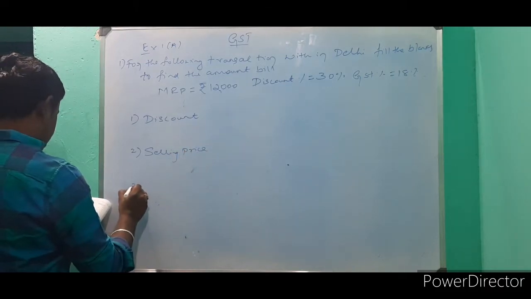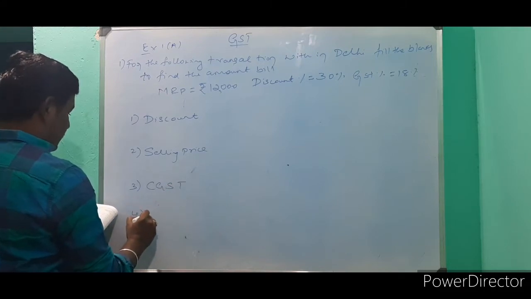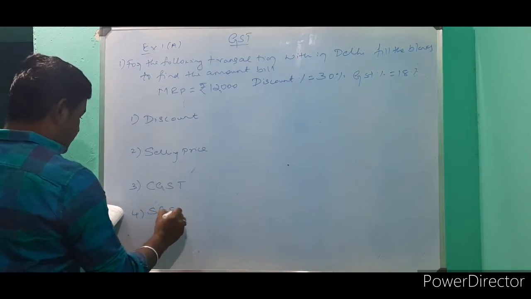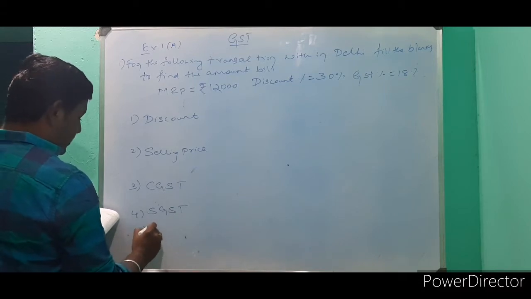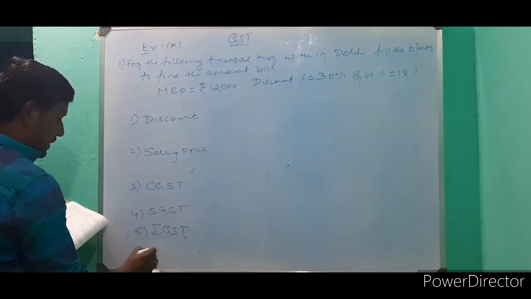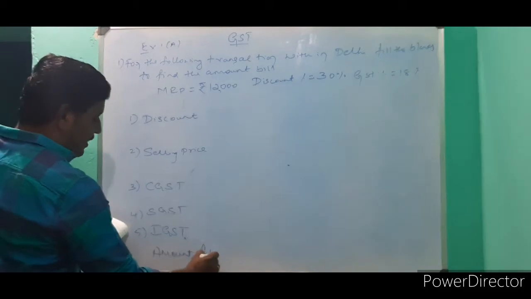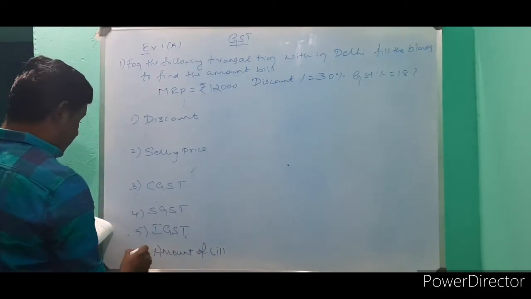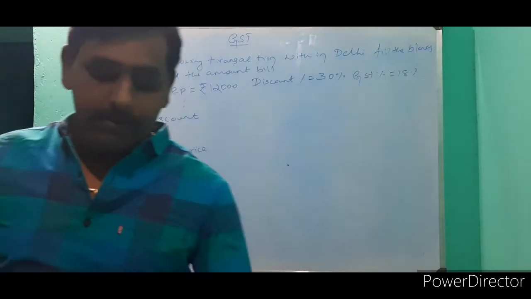Third one CGST. Fourth one SGST. Fifth one they are asking IGST, and the amount of bill we have to find. In this one, 6 items we have to find out.